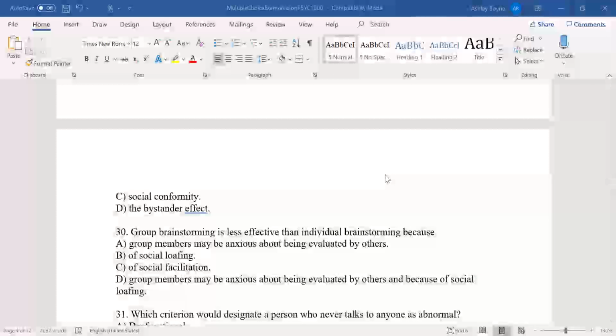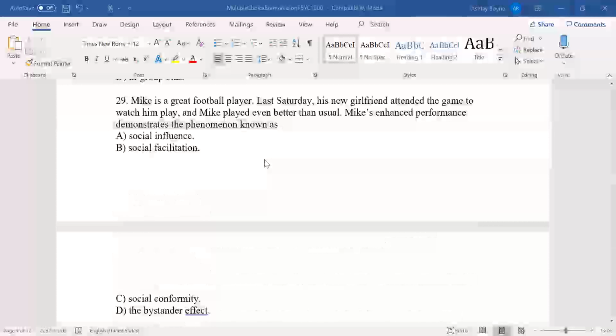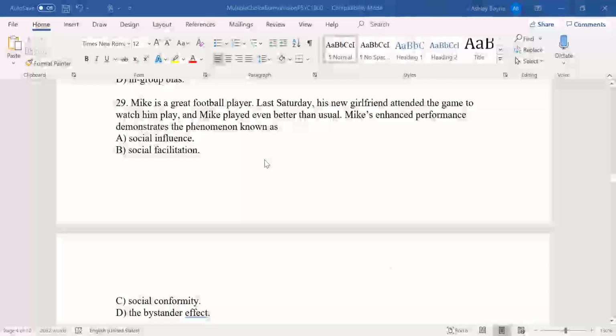So, for example, with groupthink, you and your friends all want to go out to eat and you're trying to decide on the restaurant. You want to go to Chilitos, but your friend wants to go to Wendy's and another friend wants to go to, I don't know, Burger King, right?